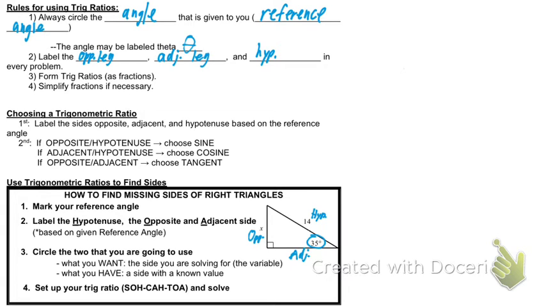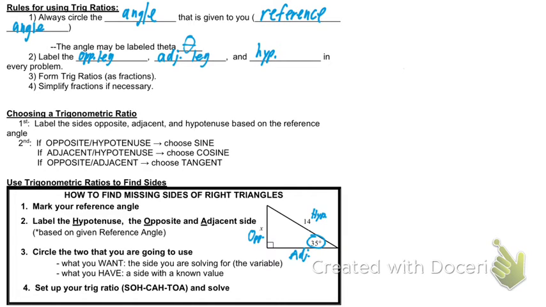By that I mean what you're looking for, which in this case is the opposite, and what you have, the hypotenuse length. So that's where this comes in here. After we label those sides based upon our reference angle, we are using the opposite and the hypotenuse.